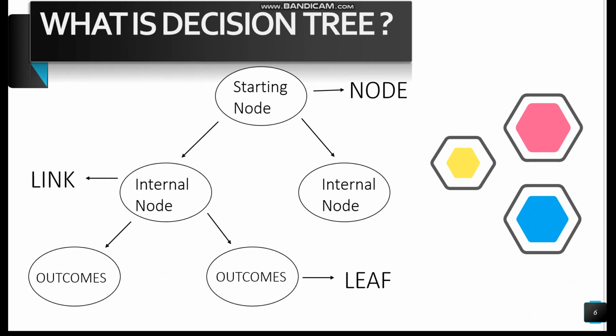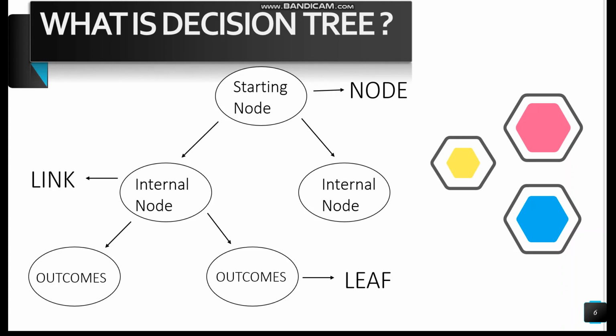Another question is, what is the structure of a decision tree? Let me explain the structure of a decision tree. The root node is the starting point of the decision tree. The root node is assigned a variable that is very significant, meaning that variable is very important in predicting the output. After that, we have internal nodes.